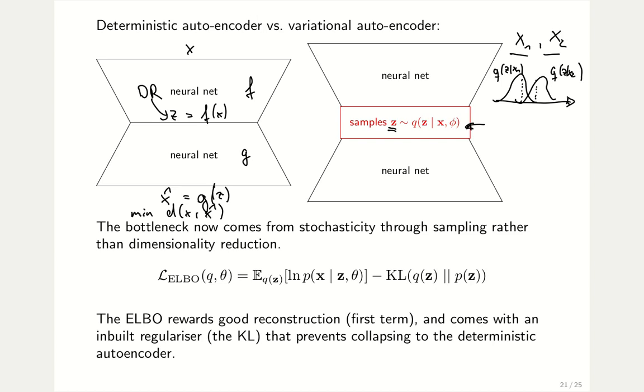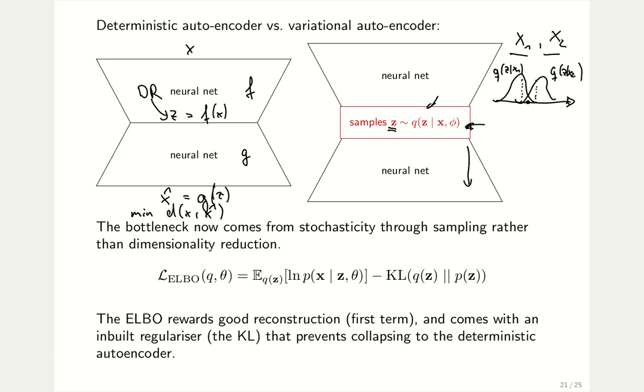Now, because we're sampling Z in this red box here, and Z comes from either one of these two distributions, both distributions might come up with this point here in the middle. Both share probability mass there, so it's a valid sample for both of these distributions. But now the second neural network, the decoding neural network, has a problem. It has to figure out from this Z whether it came from x1 or whether it came from x2. But it can't do that because it's probable that it belongs to both of them.